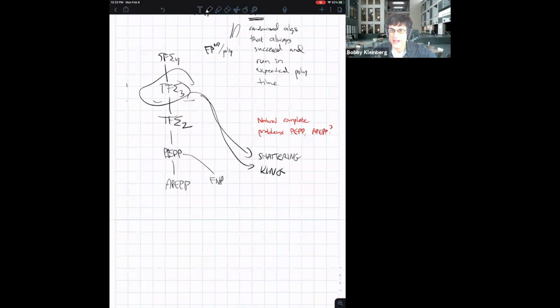So what I was going to say is there's a pretty recent paper of Goldberg and Papadimitriou that gets into relationships between proof theory and these total search problem complexity classes.